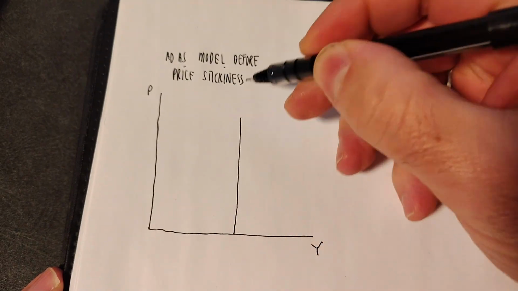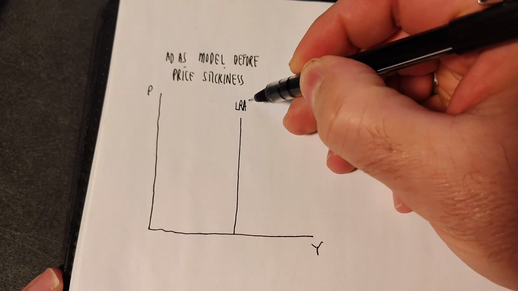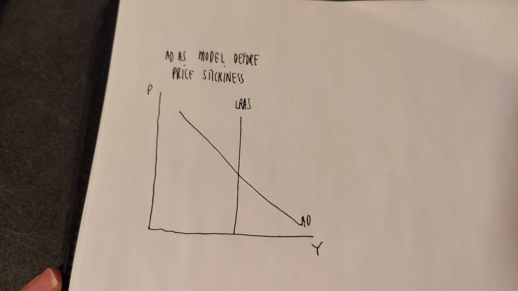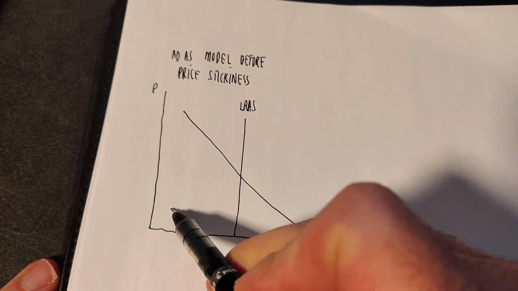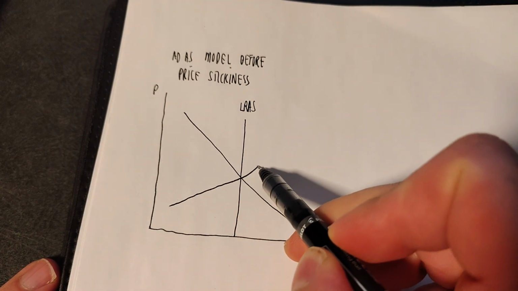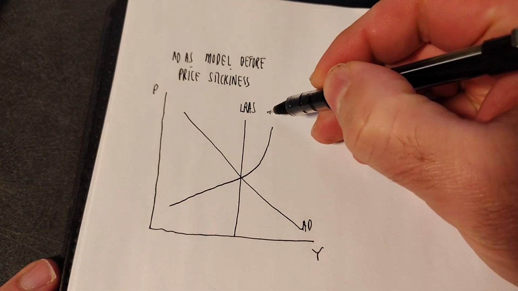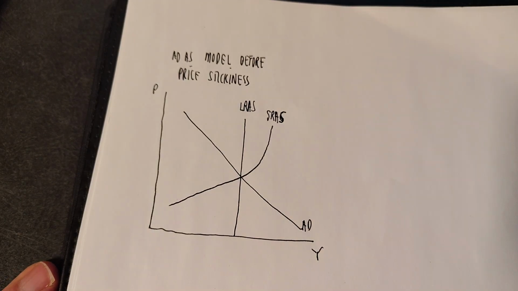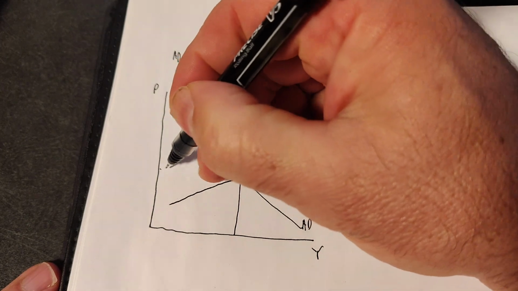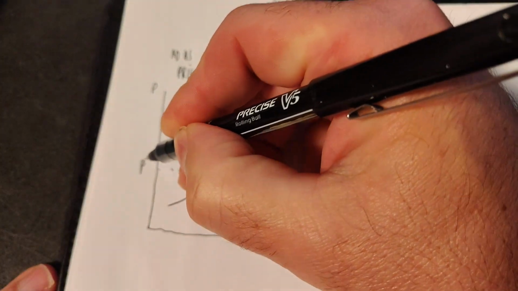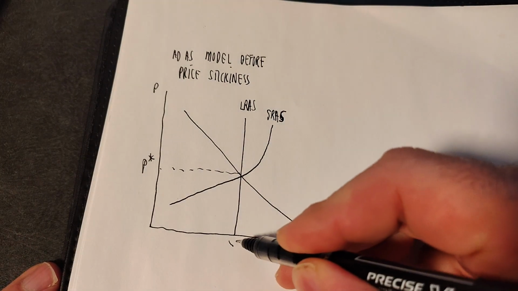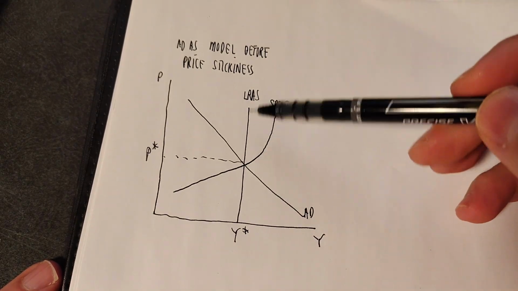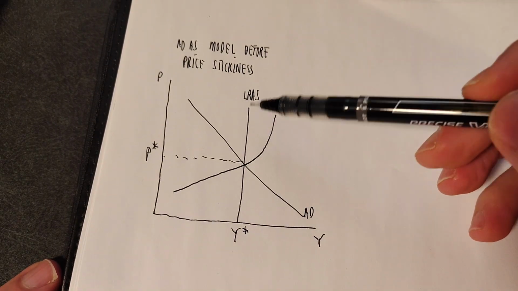Let's say here's the long run aggregate supply curve, here's aggregate demand, and the short run aggregate supply curve did something like this. We get the equilibrium price level there, and the current level of equilibrium output coincided with the long run potential level of GDP.